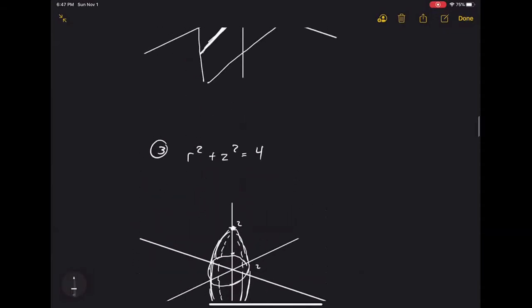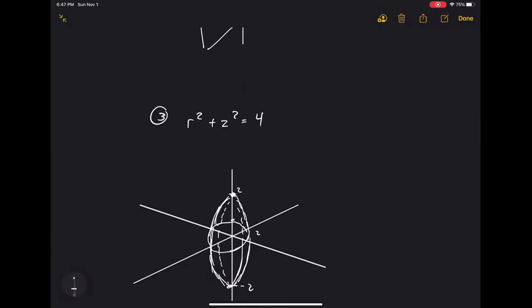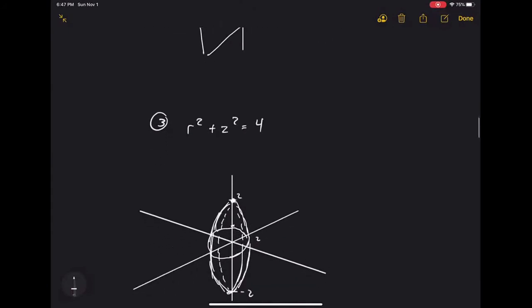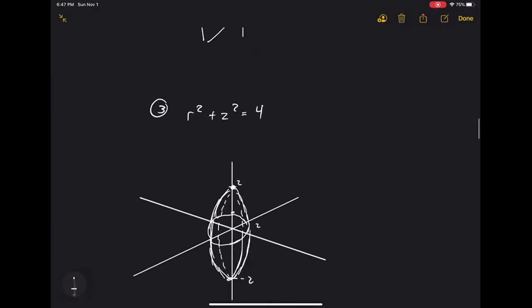And if necessary to figure this out, we could also convert into Cartesian coordinates. Okay, so how can we convert? And you know what? Now thinking about it in that lens, it looks like it might just be a sphere. Let's try and convert to Cartesian coordinates and see what we get. So remember, for polar coordinates, r equals square root of x squared plus y squared, right?